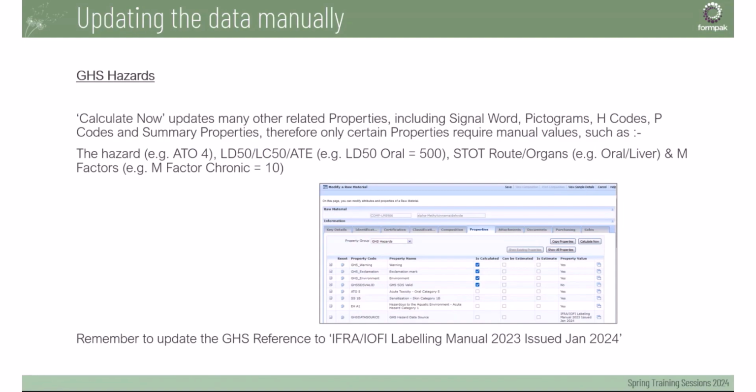So we don't need to add all of the signal words, pictograms, H codes, P codes, just the top line hazards. And sometimes with the acute tox hazards, we might need to add LD50 data, LC50 data, ATE, specific target organ toxicity routes and organs, for example, oral route affecting the liver organ, and any M factors there are. And there's a note here to update the reference.